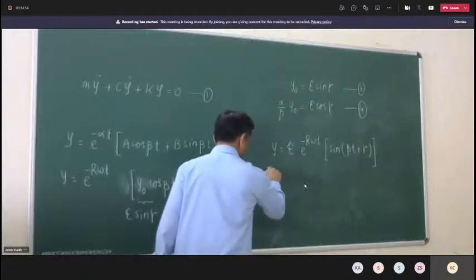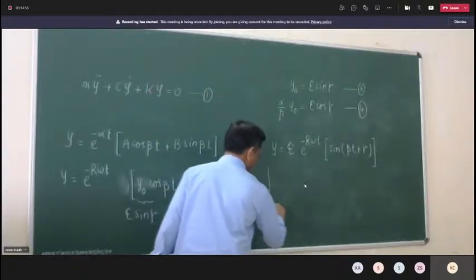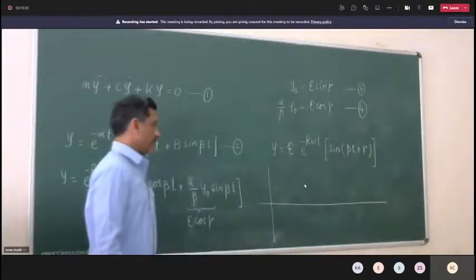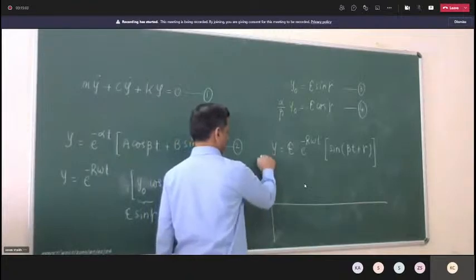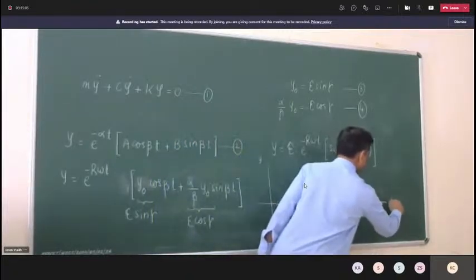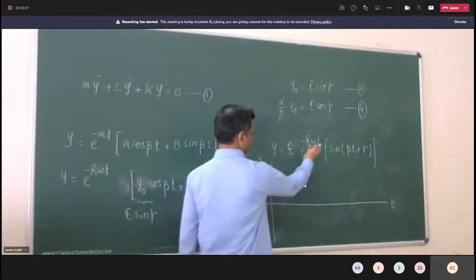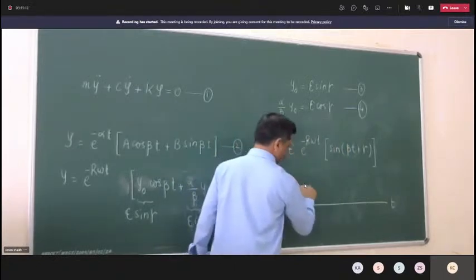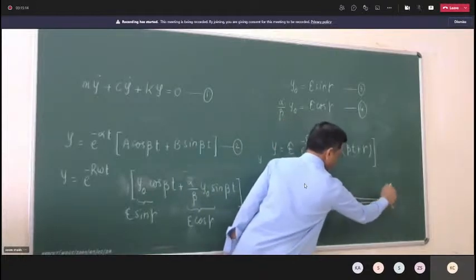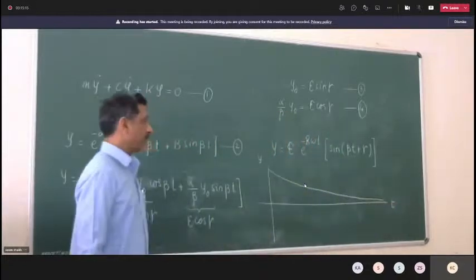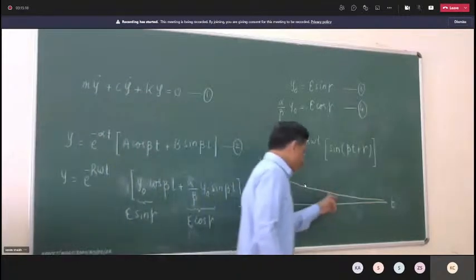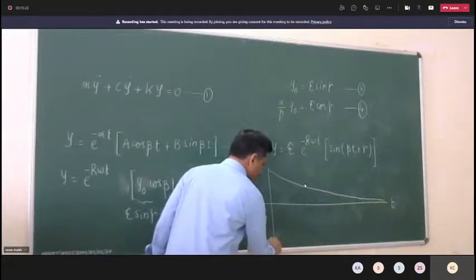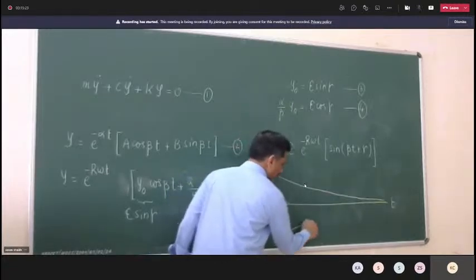And I'll first plot the graph of e raised to minus zeta omega t. This graph is like this. My summation curve is going to be on the positive side and negative side, so e raised to minus alpha t I'll plot here also.